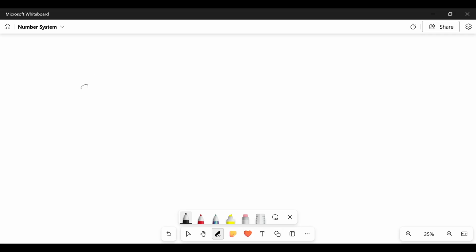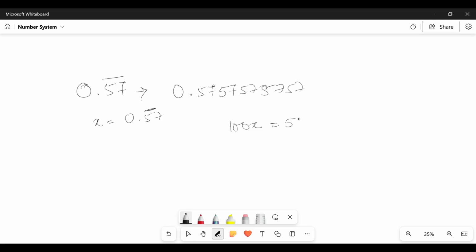Consider 0.57 bar, which means this decimal in itself is a non-terminating recurring number, a never-ending sequence of numbers. So if we assign a variable x the same value as the number provided to us, and then we take 100 of x, it shifts these two digits before the decimal.